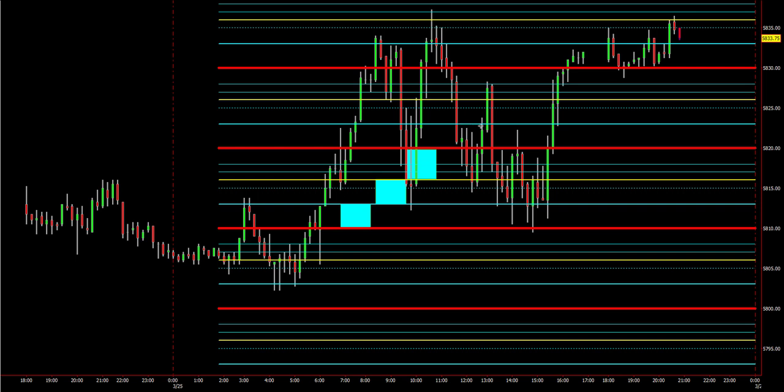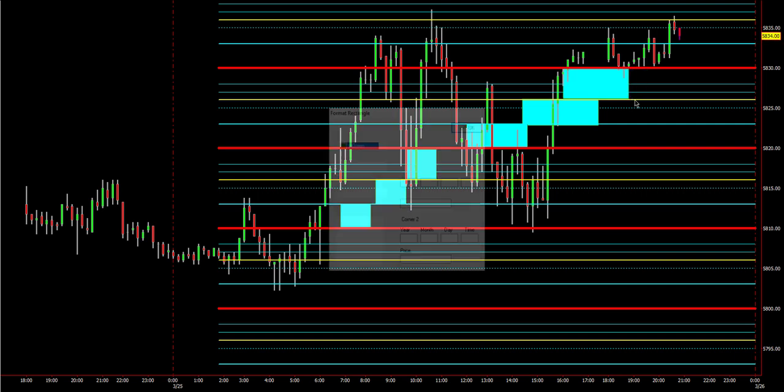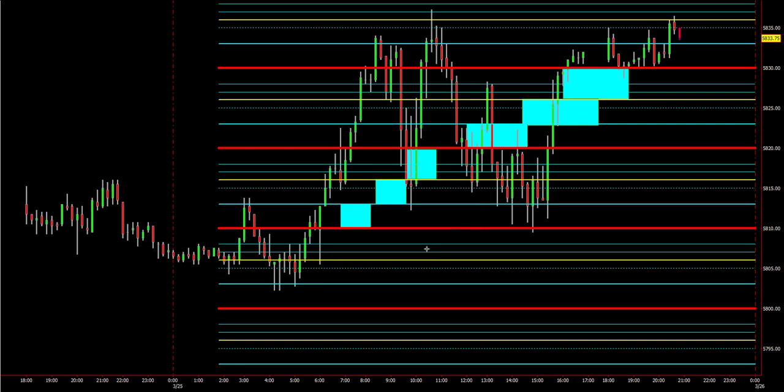Next one will be, this is also 3, right? This is 3. Let me just mark it for you. 3, and this is 3. I'm just stretching it just to show. Same things are happening here, right? 3 and 3 and 3. If I want to take a long, which price level do I need to take a long?